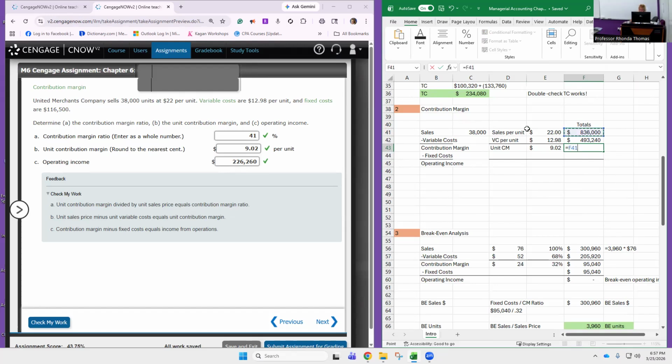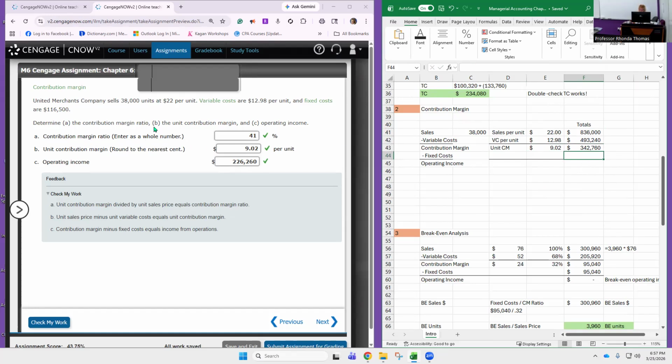You have to subtract the variable costs to get your contribution margin. You can get it by the unit or you can get it in total. They gave us our fixed cost. Now this is where fixed cost goes.